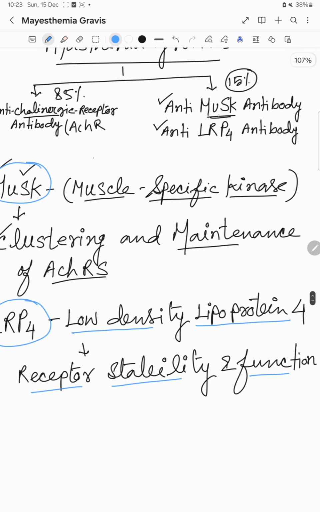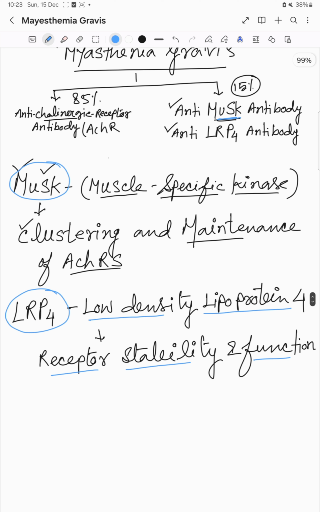Because they are anti-MuSK antibodies, they will function against the MuSK protein and LRP4 protein, and they will hamper the acetylcholine receptor molecule stability. They will hamper the neuromuscular junction.